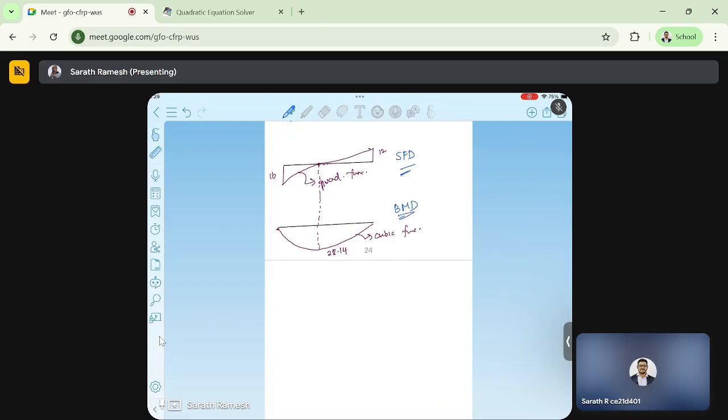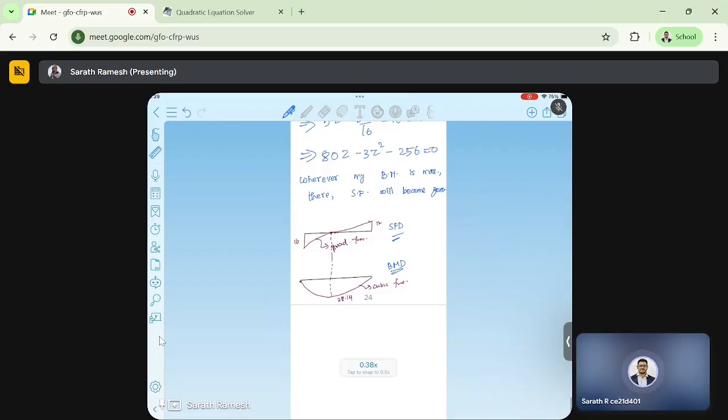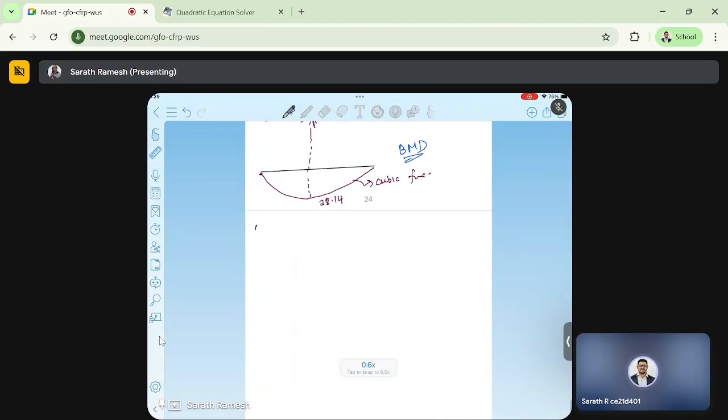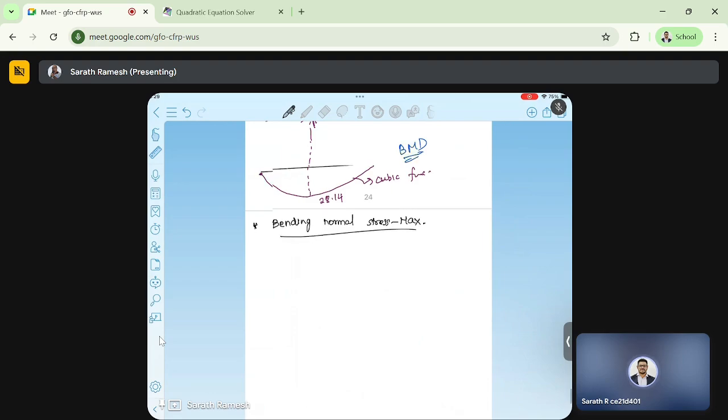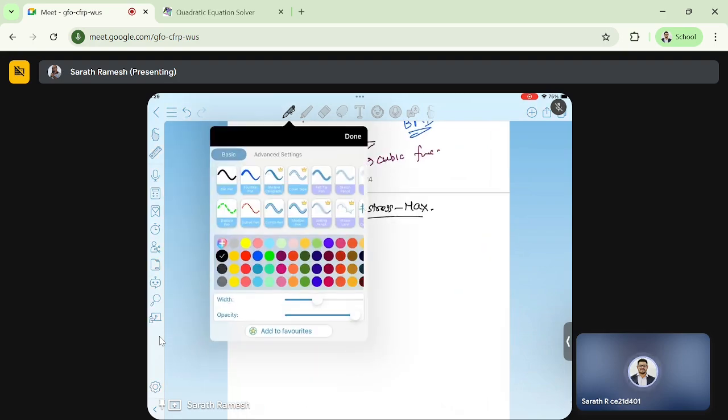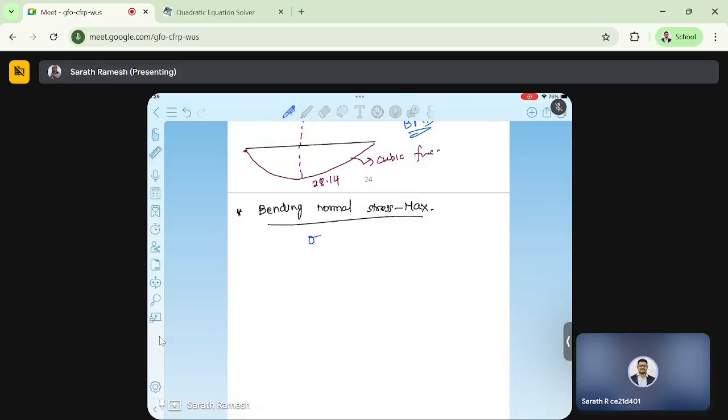Right. Next, moving on to stresses. So we need to find the maximum bending normal stress, and the maximum shear stress value. So maximum bending stress will be that sigma xx, right?